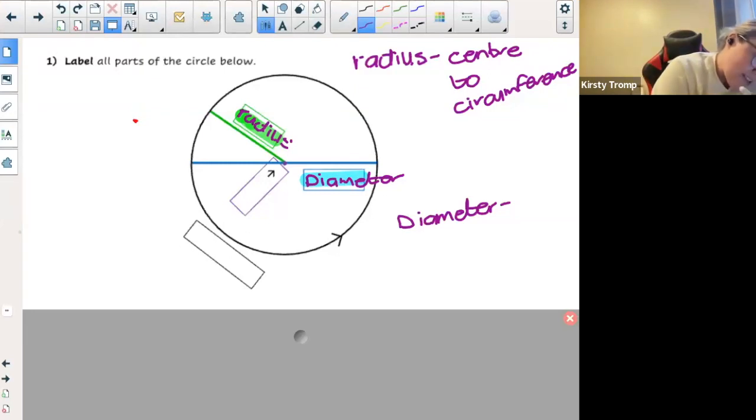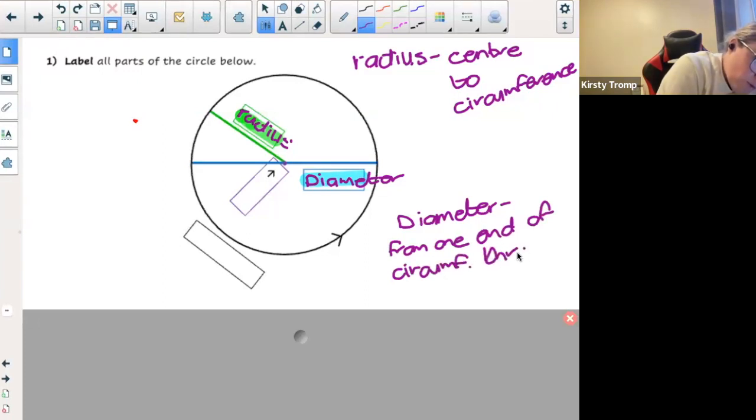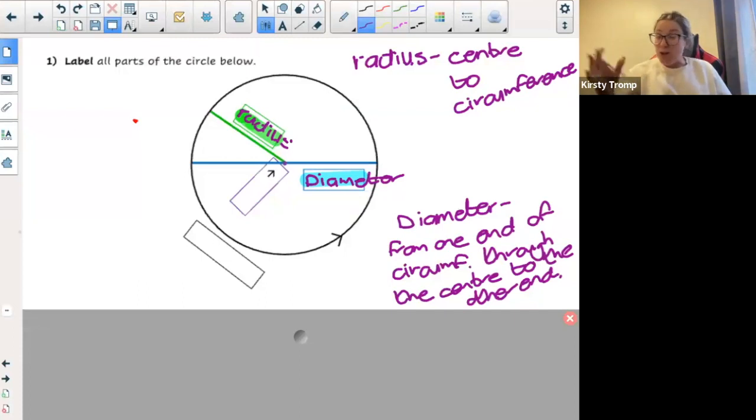And we can also say the diameter goes from one end of the circumference through the center to the other end. So it splits the circle in half, from the top and the bottom, but also it goes from one end of the circumference through the center of the circle to the other end.